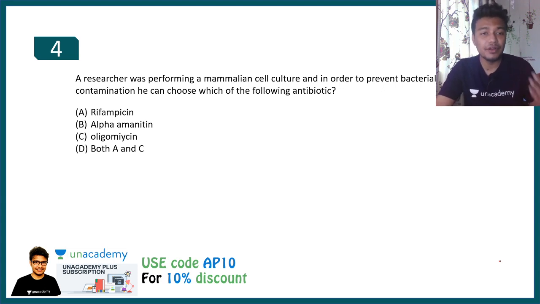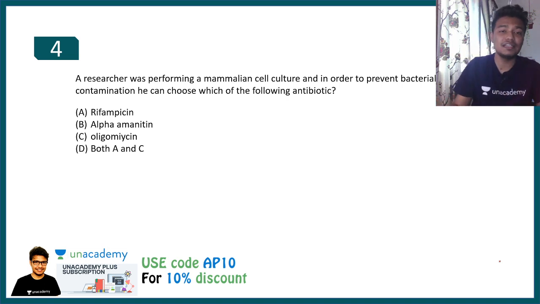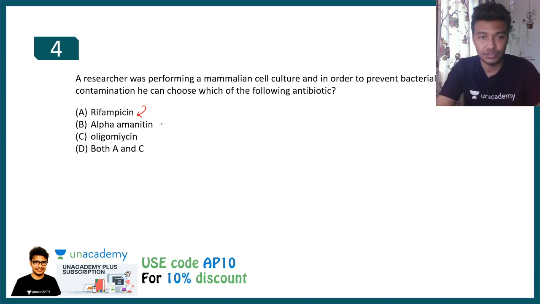The options are rifampicin, alpha-amanitin, oligomycin, and both A and C. So the correct option here would be the one which can selectively kill bacteria but not the mammalian cell. That one is rifampicin, whereas alpha-amanitin is selective for eukaryotes, okay? Oligomycin is for both. So obviously the correct option would be option A.